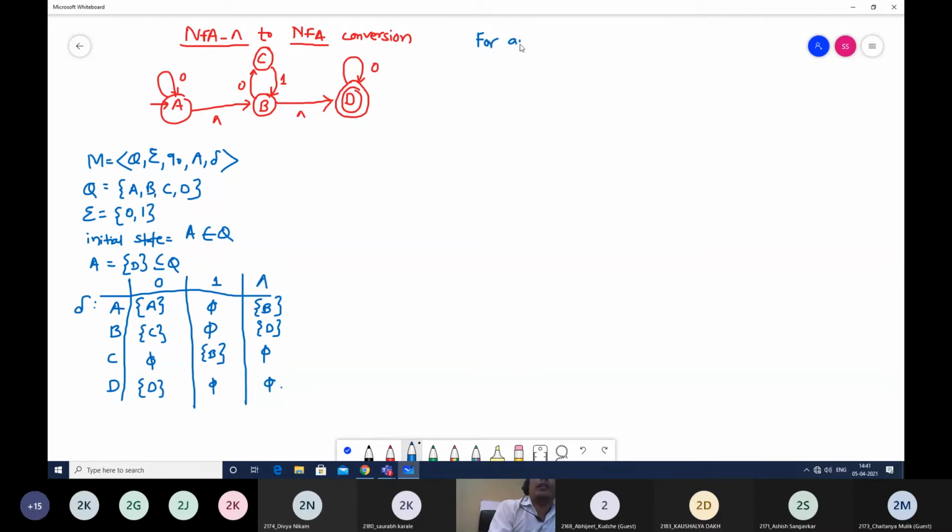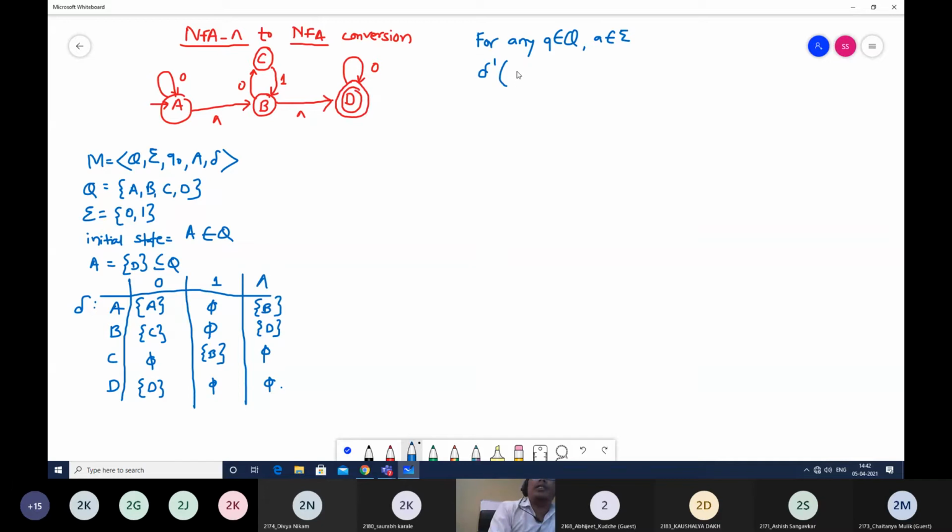For any state and for any symbol in your alphabet, we are going to calculate delta dash. Delta is of the given NFA null, and delta dash is the delta which we are calculating for our resultant NFA.